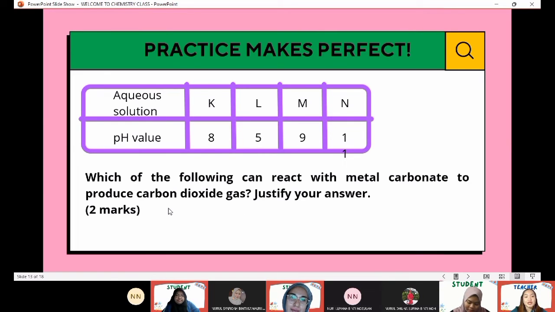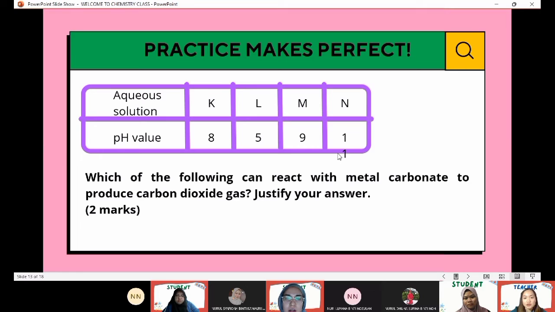Okay. Which of the following can react with the metal carbonate to produce carbon dioxide gas? Which aqueous solution can react with metal carbonate and then produce CO2? I think aqueous solution L. Sorry, I think I made a mistake on my slide.